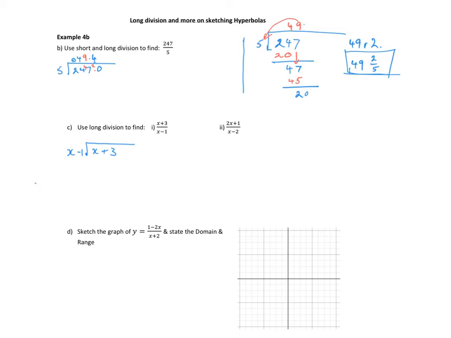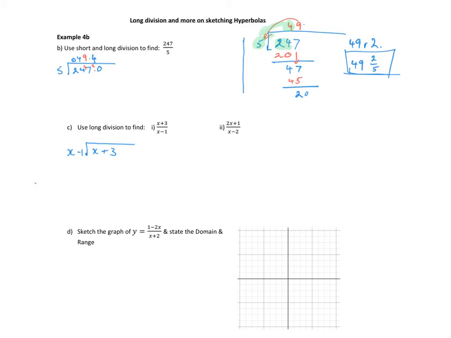Instead of asking myself, over here, how many 5s were there in 24, I'm going to say, what do I multiply 5 by to get as close to 24 as I can? 4 times 5 is as close to 24 as I can.